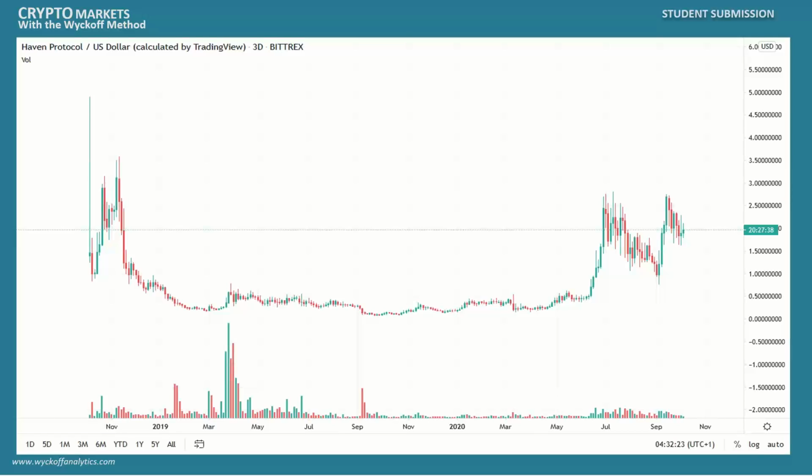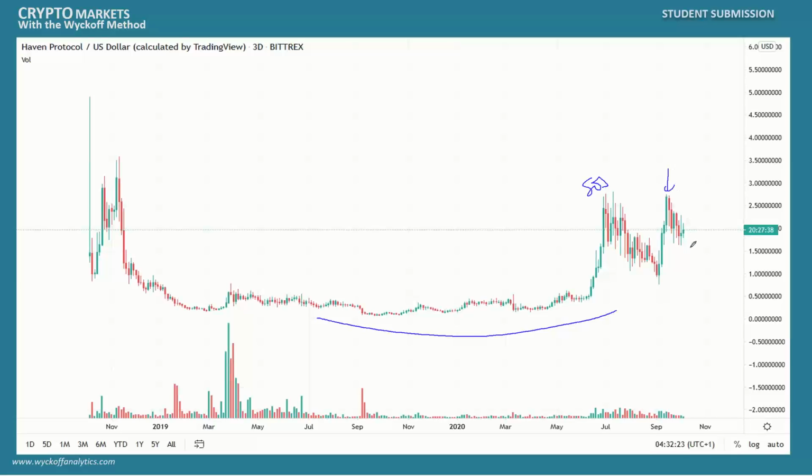This is a student submission. So we will see a big round formation and then potentially a sign of strength rally with a reaction. And this reaction is very deep, but it's very common to see this pattern over and over in the crypto space. This reaction is followed by a very dynamic rally, and then another reaction.